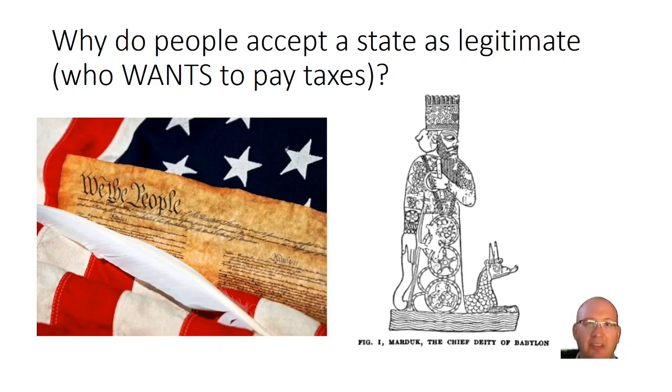But a government is accepted as having the right to tax. In the United States government, the right to tax can be kind of seen in the idea of the Constitution. We, the people of the United States of America, in order to form a more perfect union. That's how it begins, right? The Constitution. Power in the United States comes from the people. Why do we do what the government says?